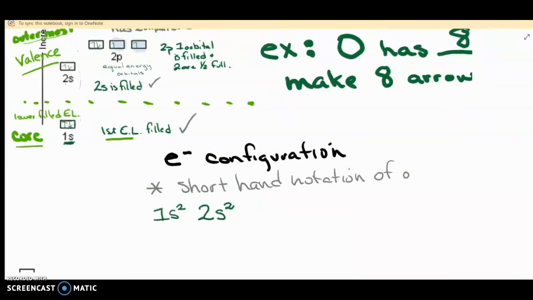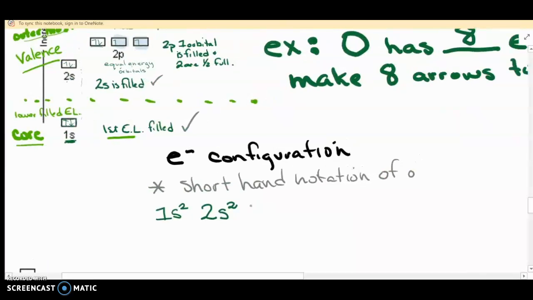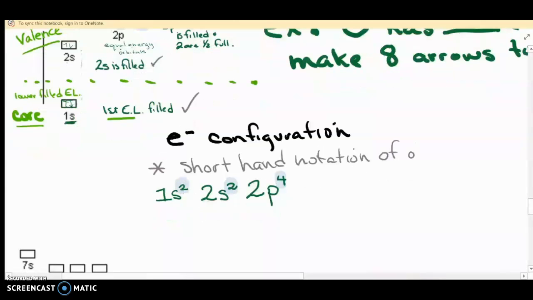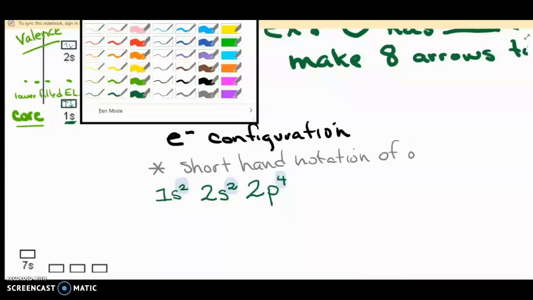I go up to the next energy sublevel. It's in the second energy level. It's in the P sublevel. And I have 1, 2, 3, 4 electrons in it. That's 4. What's 4 plus 4? 8.